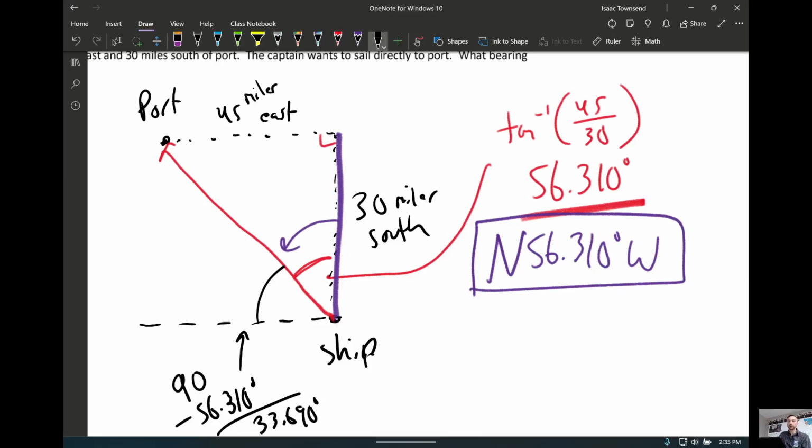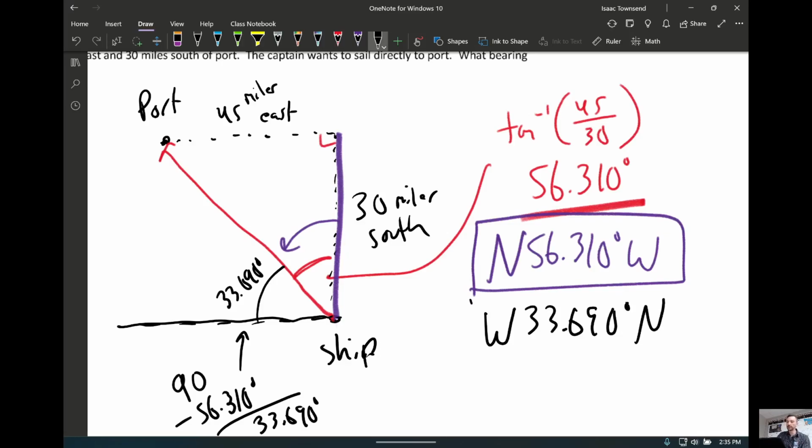And some people prefer to say, starting at the west line, turn 33.690 degrees up, which would be towards the north line. And that's acceptable too. I don't know why you would do that because that requires some extra work. But both of those are perfectly fine.